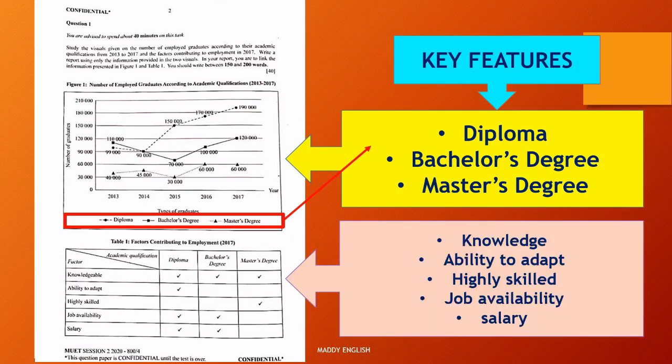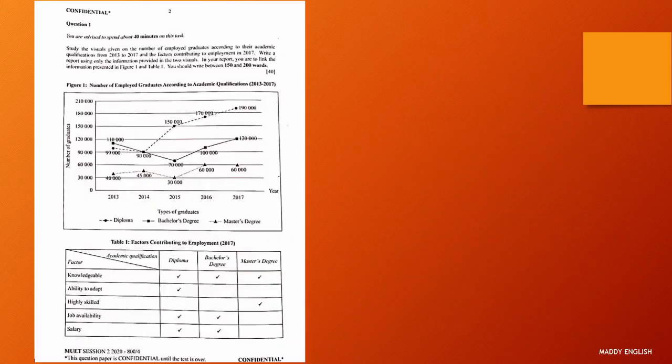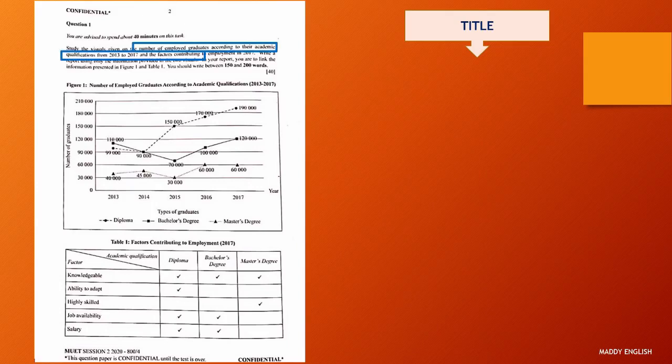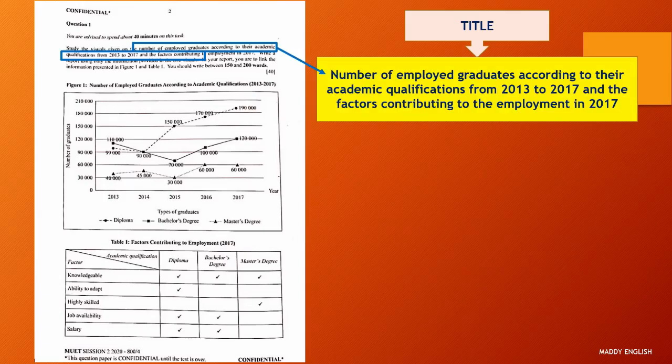As for Table 1, the factors contributing to the employment, namely knowledgeable, ability to adapt, highly skilled, job availability, and salaries are the key features. Once you are ready, you can start by writing your title. You can actually identify the title from the question's rubric. This is an example of the title.